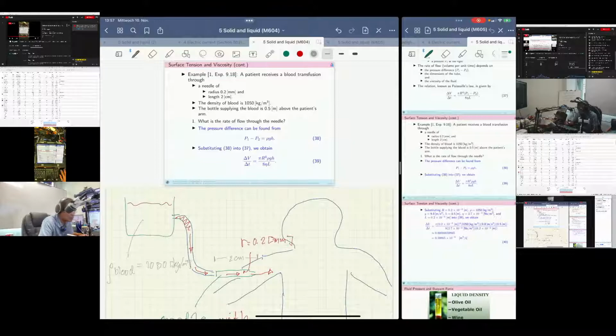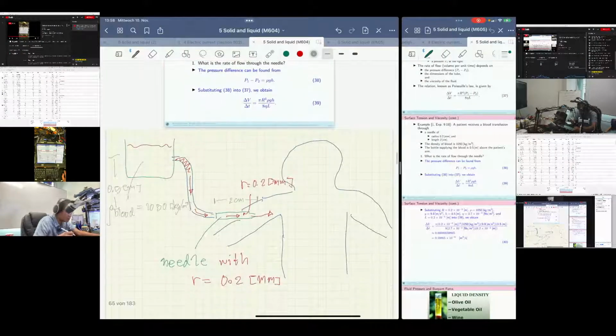And the bottle supplied is higher. It's 5. Oh no, not 5 meter, 5 meter is too high. It's 0.5 meter above the needle level, right? It's 0.5, so h is right there.